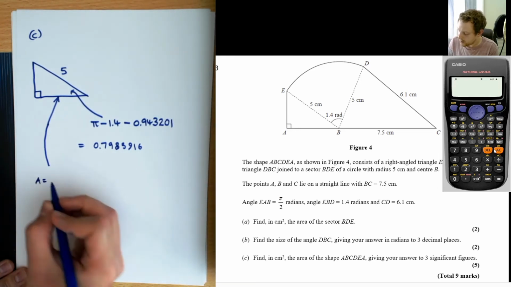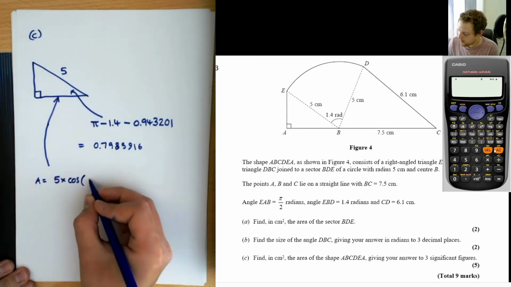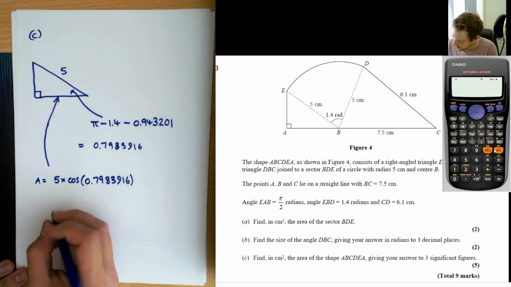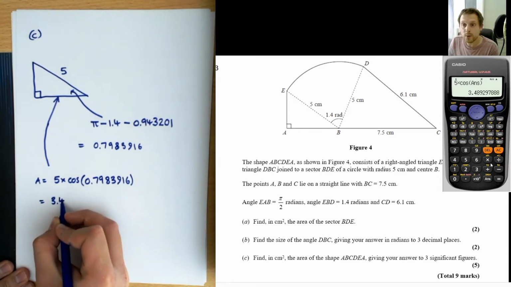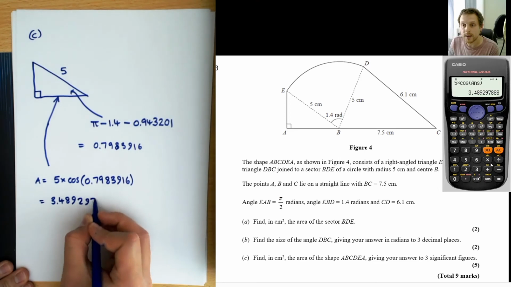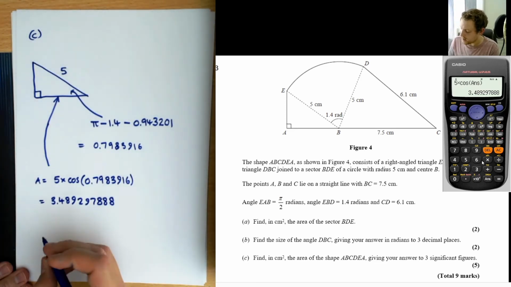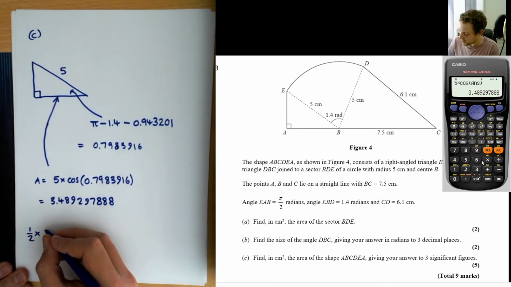So the adjacent is 5 times cos of the angle we just did, so literally 5 times cos of the previous answer. So that's 3.489297888.